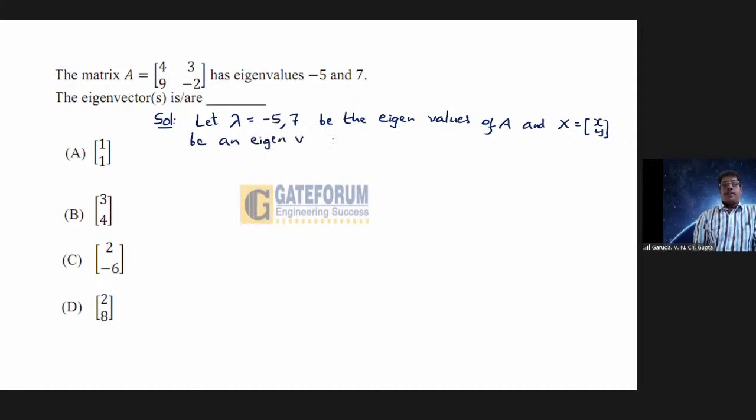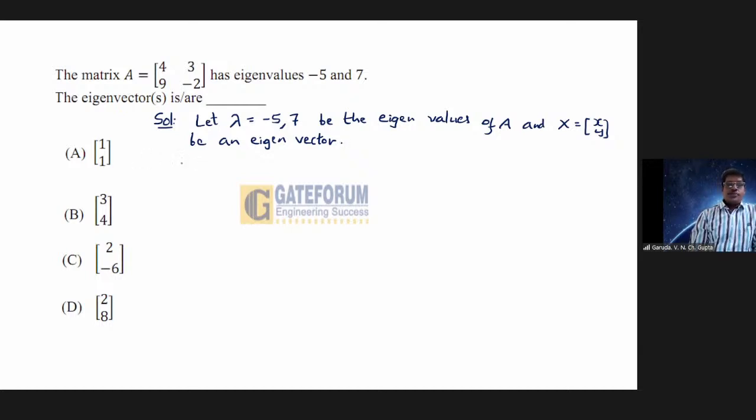For a 2 by 2 matrix, the eigenvector is considered as a 2 element column matrix or row matrix. For a 3 by 3 matrix, the eigenvector is a 3 element column vector. Now we are finding this X.